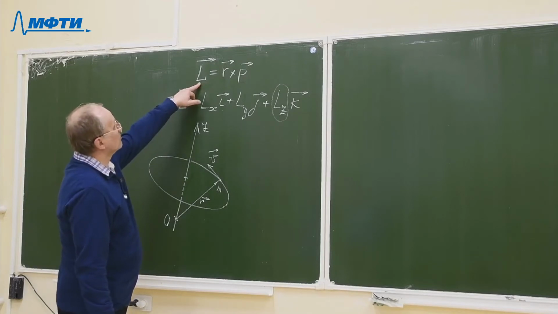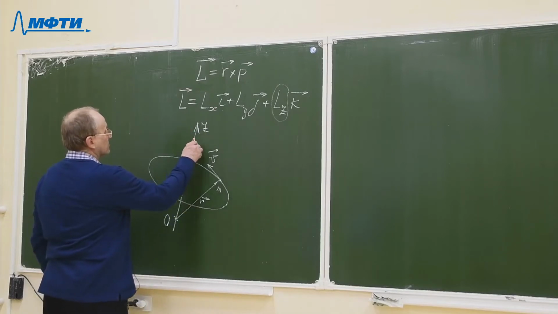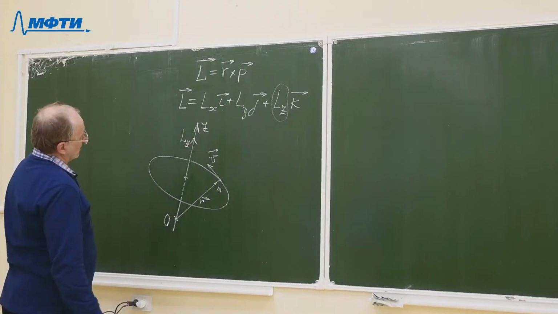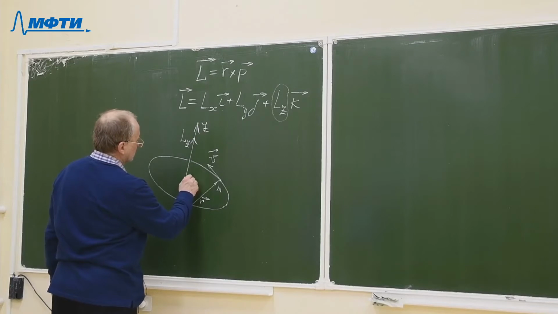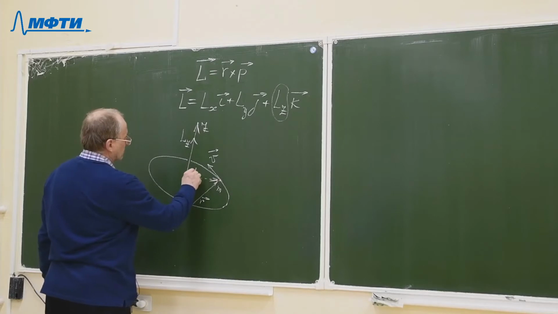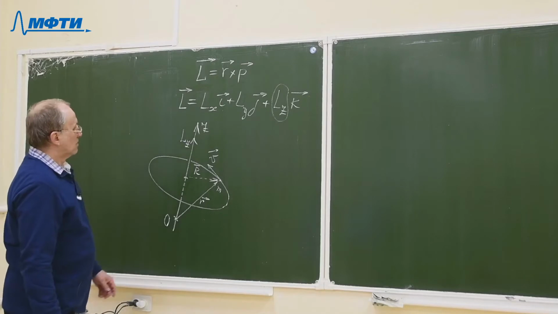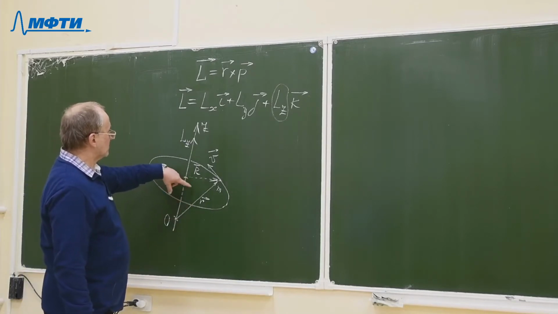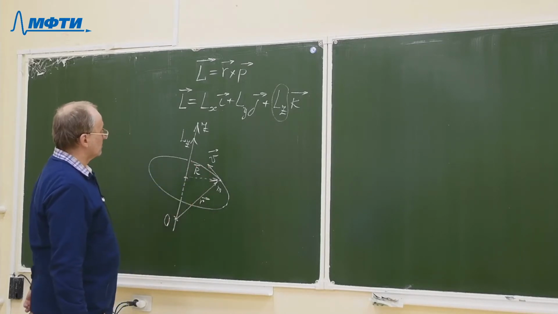This vector of angular momentum will have a z component, which is directed along the z-axis. And this z component can be calculated as the radius of rotation, capital R, multiplied by momentum, actually multiplied by the velocity vector and the mass of the particle.